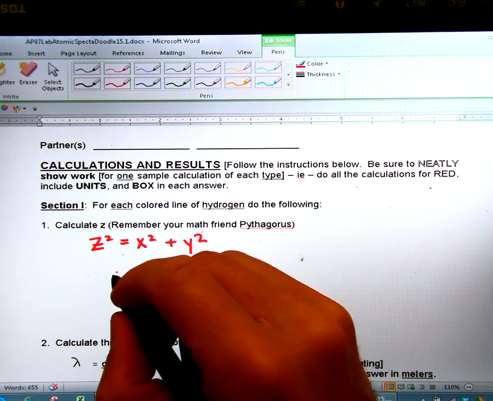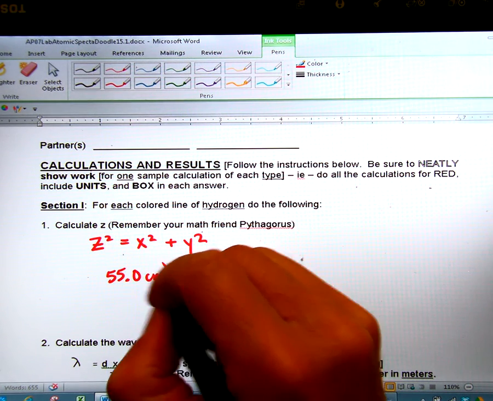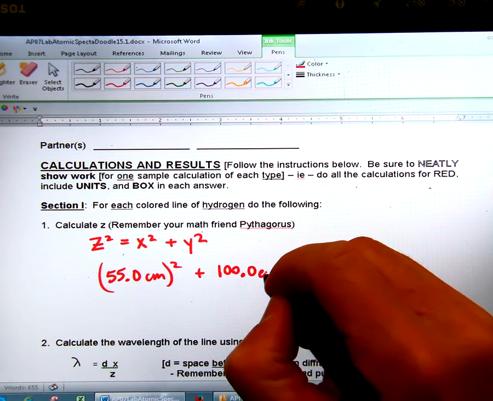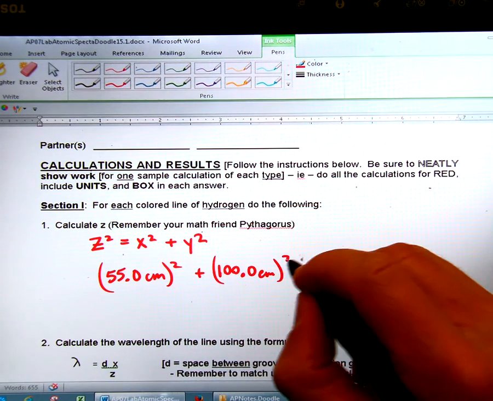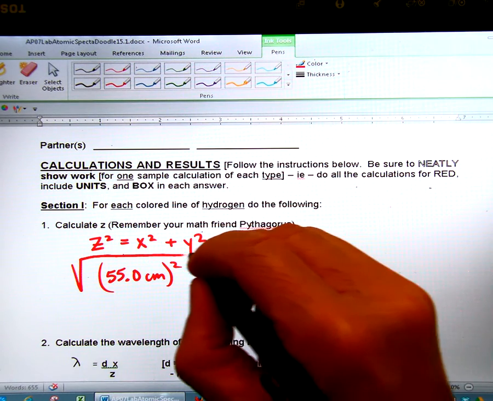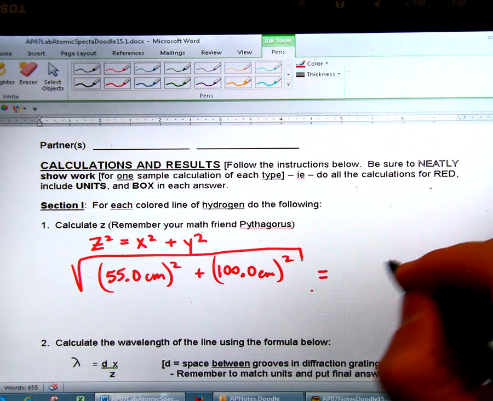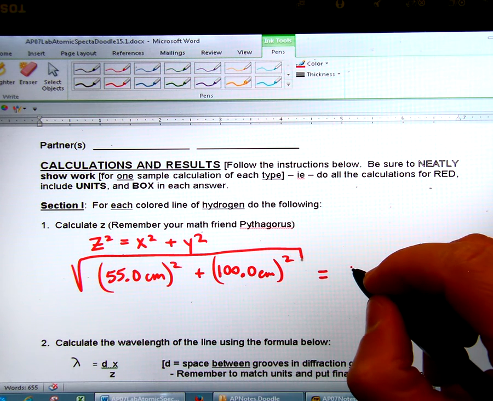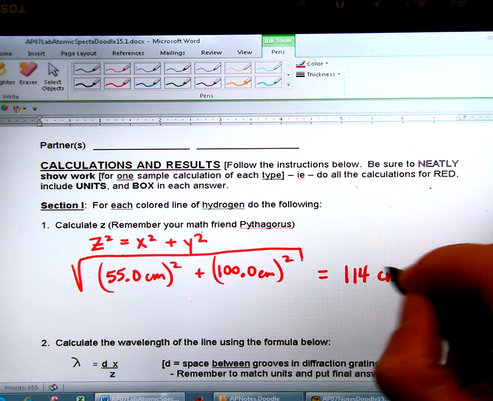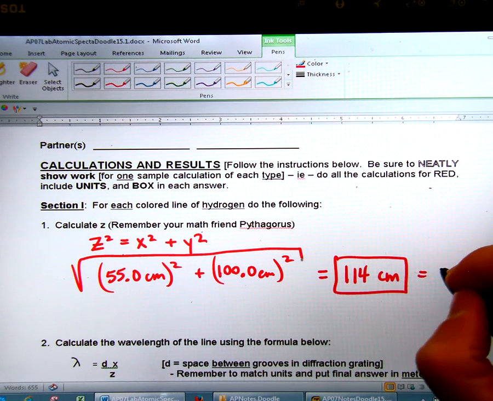So my X is 55.0 centimeters, squared, and my Y is 100 centimeters, squared. And then, of course, I'm going to have to square root that whole side to get Z. And when I calculate my Z, I'm going to get 114 centimeters with 3 sig figs. So that's my Z, 114 centimeters.